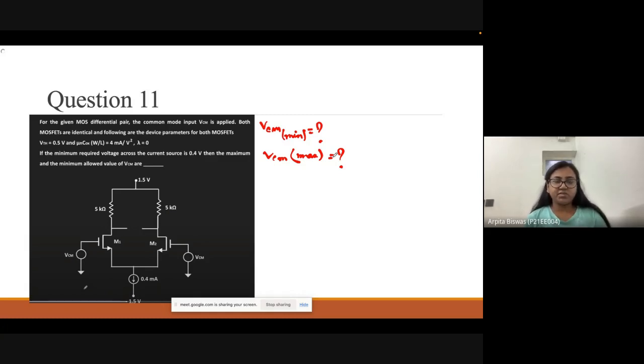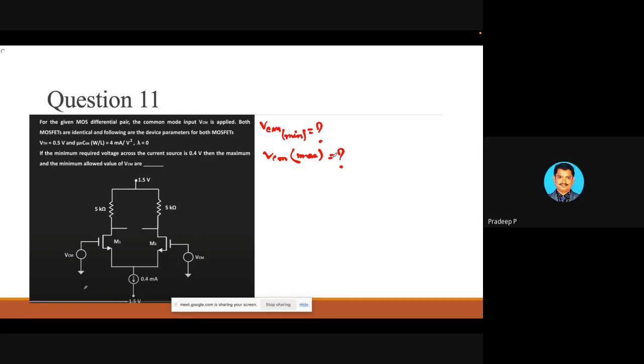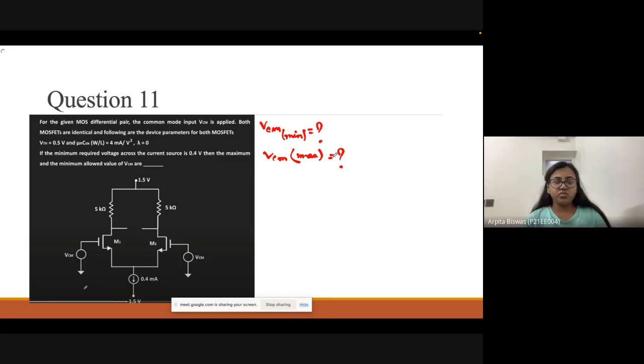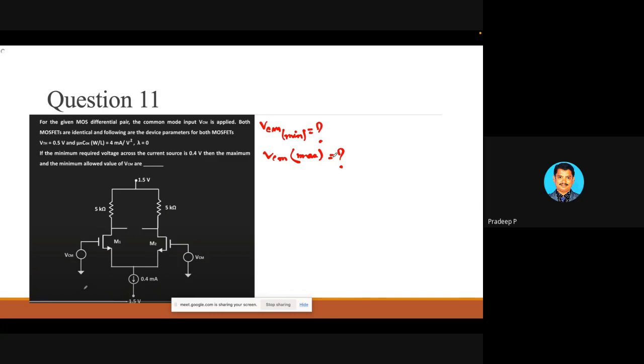Pradeep, are you trying? No, ma'am. Do you need any clue how to solve? Yeah, we should go for current equations and all the things. Previous class, I have to check.